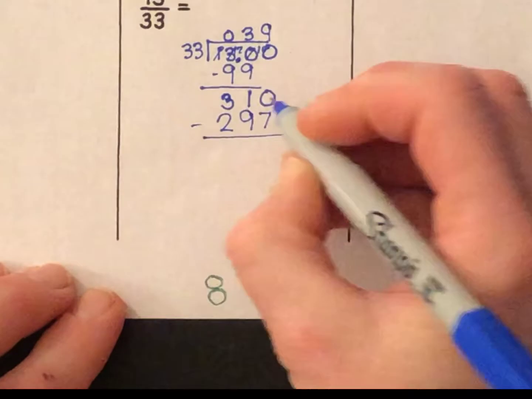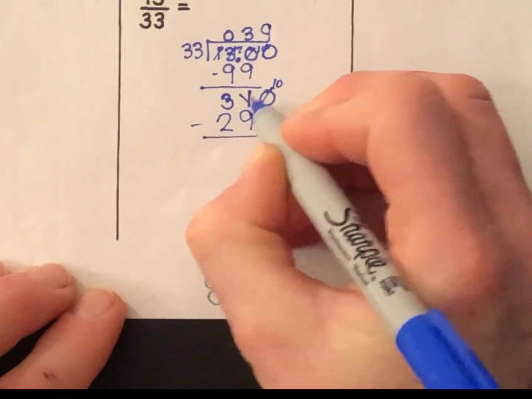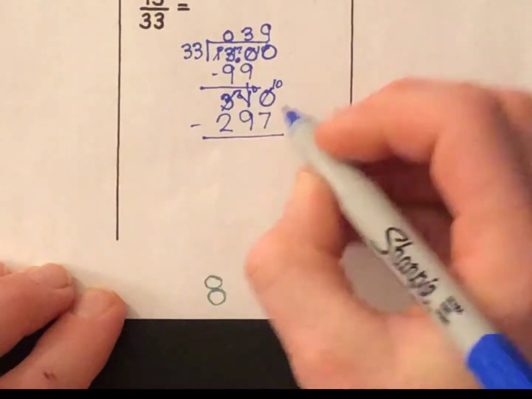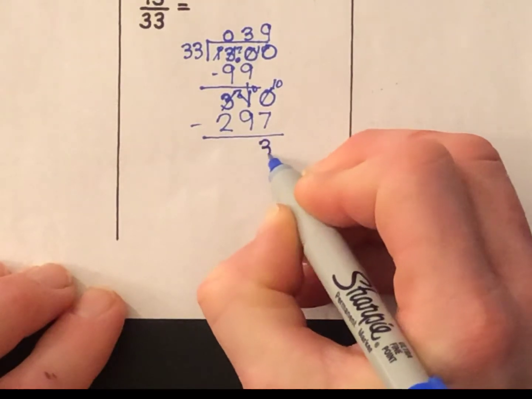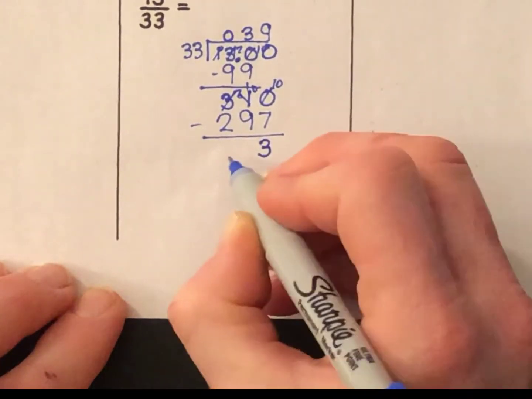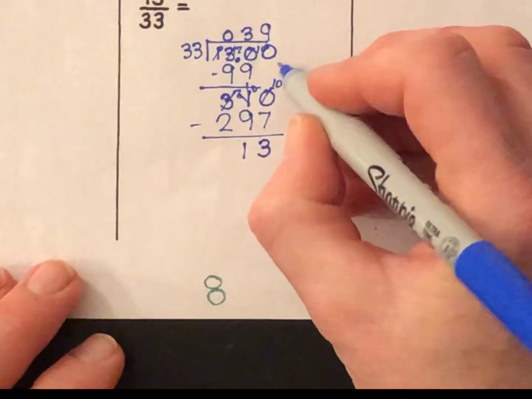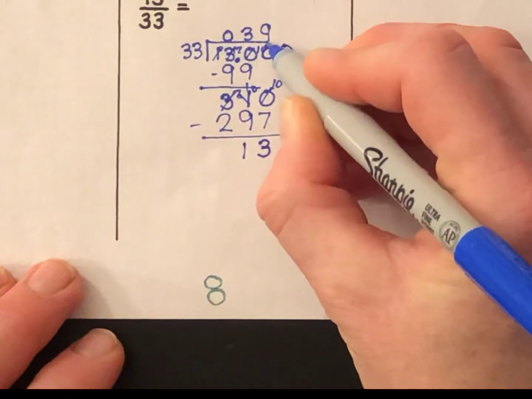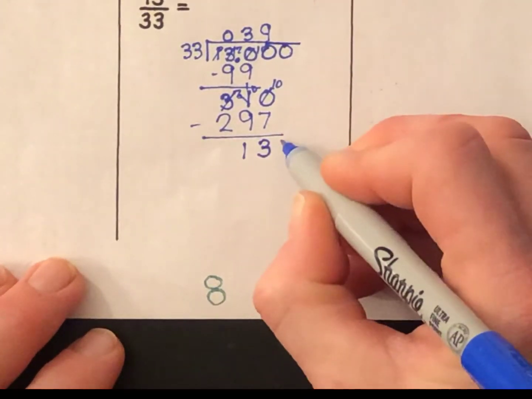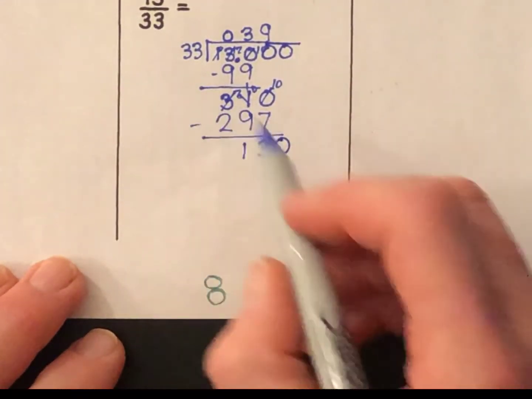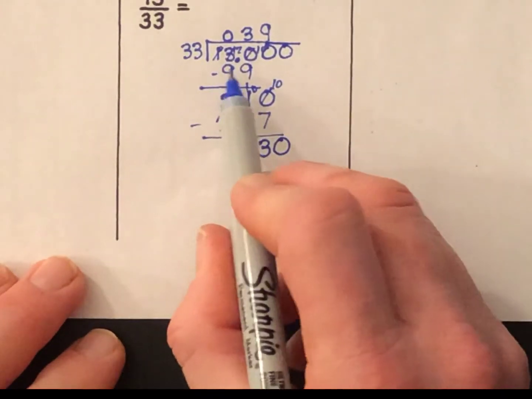All right. So 10. So that would be 13. Wait a minute. I think I remember a 13. So stick another 0 up here. I'm going to need to extend this. Bring it down. 33 goes into 130.